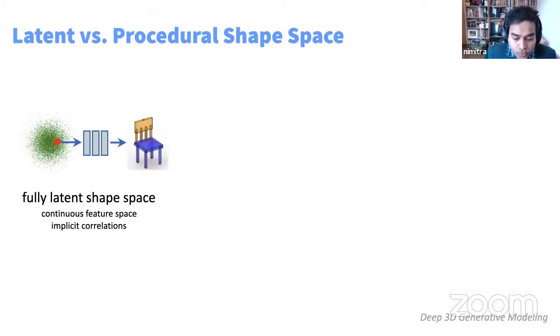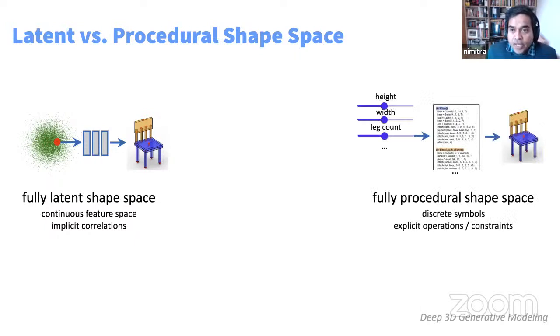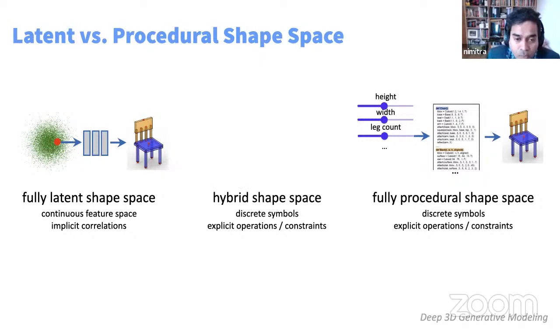So in StructureNet, what we enabled was that we can go from a sampling of the latent space to get a 3D object with parts and their relations, versus if you are using Maya or Blender, you would have handles where you can change the parameters and directly get output of chairs with the height of the chair taller or shorter as you would want. So there are these explicit parameters that can control the number of back slats or the height of the back, etc. And what we set out to achieve is combining these two domains.